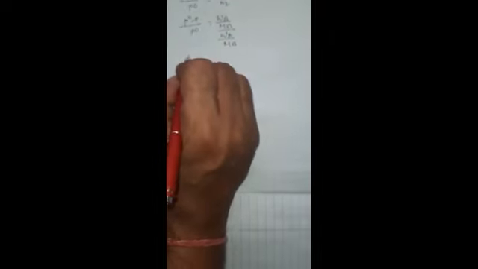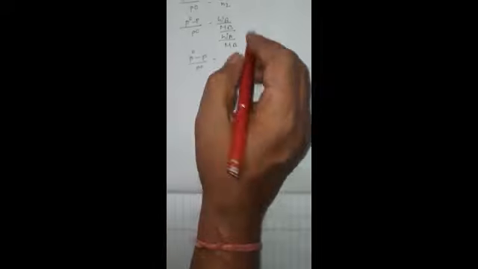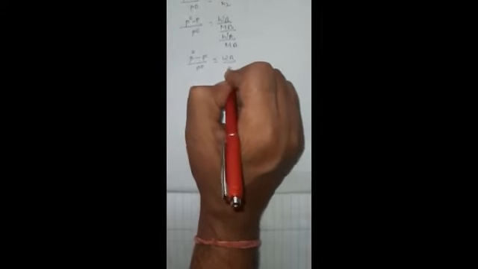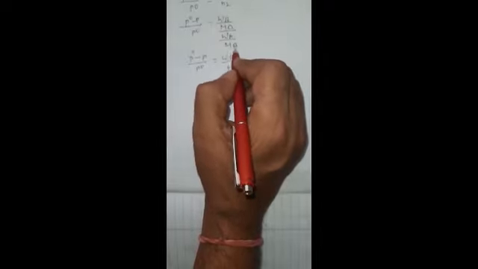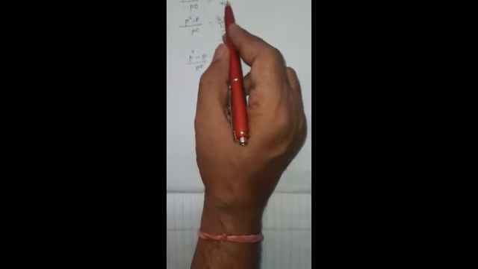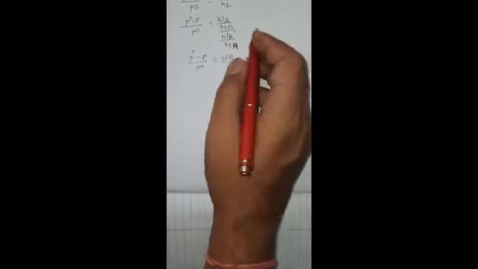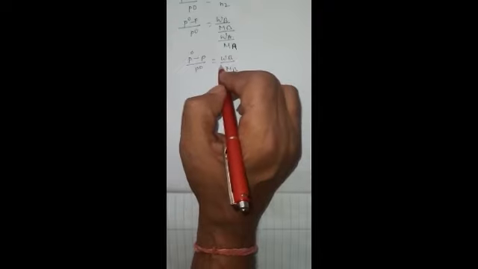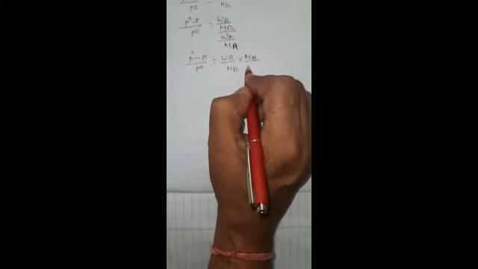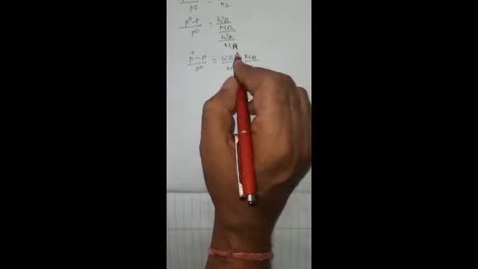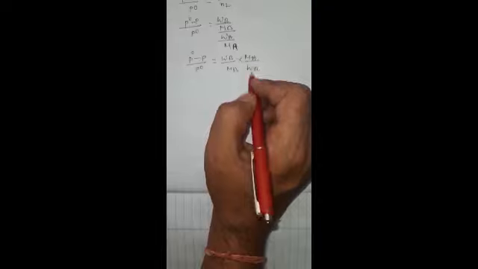Now it is WB by MB divided by WA by MA. So P naught minus P by P naught is equals to WB by MB into MA by WA.